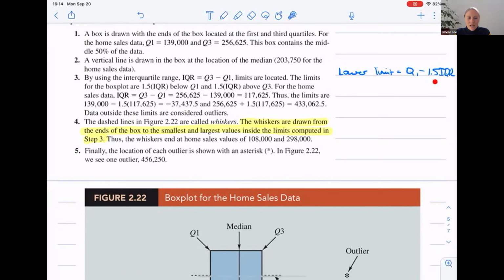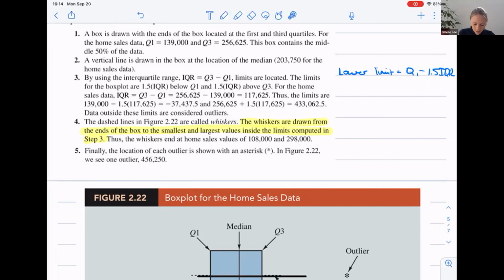But access denied, because we've all decided 1.5 is fine. But there are other measurements. I'm pretty sure it was Tukey, who is a famous statistician, who argued that 1.5 was a good trade-off between not having too many outliers, but also being able to detect outliers if there are any.